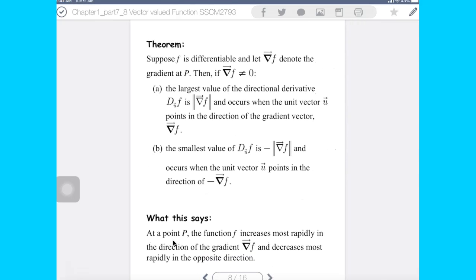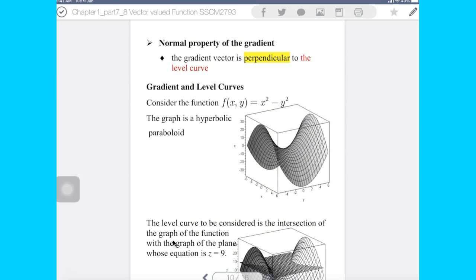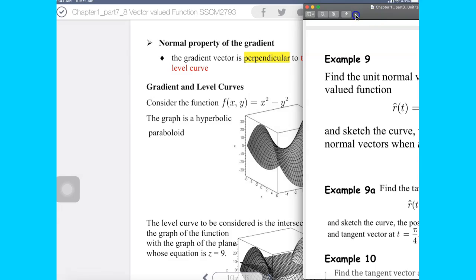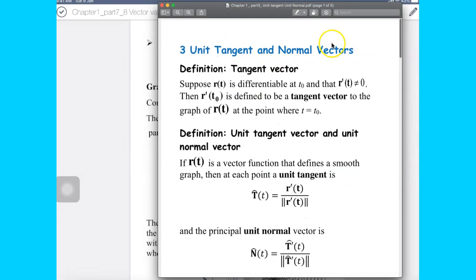Now next, the gradient also has a special property where we can determine the unit normal vector using the gradient. Do you remember that from the last few videos? We looked at the topic of the unit tangent vector and unit normal vector.